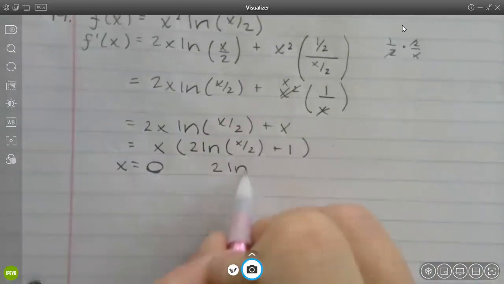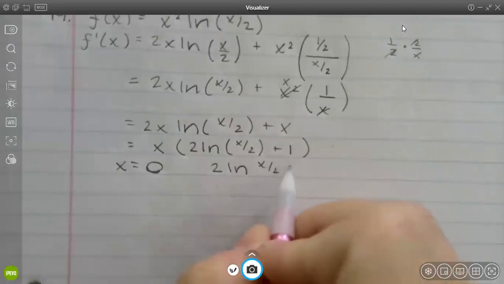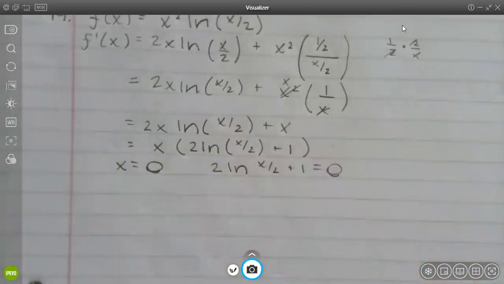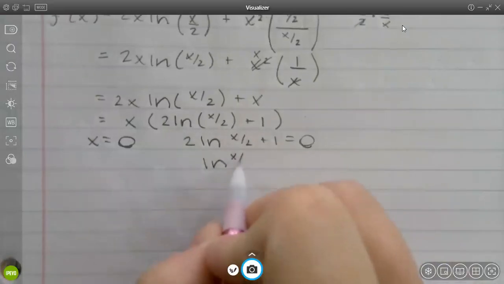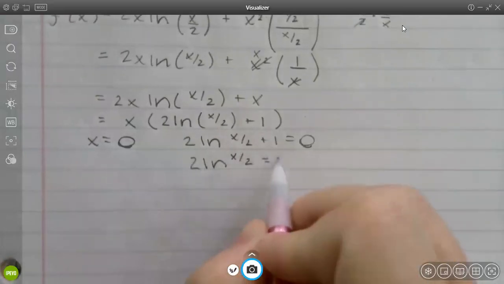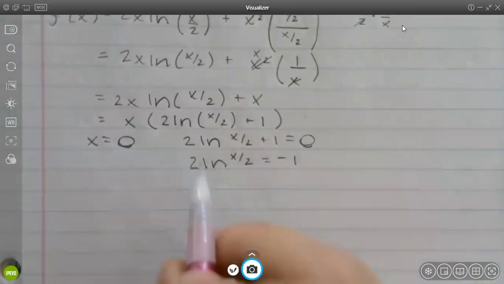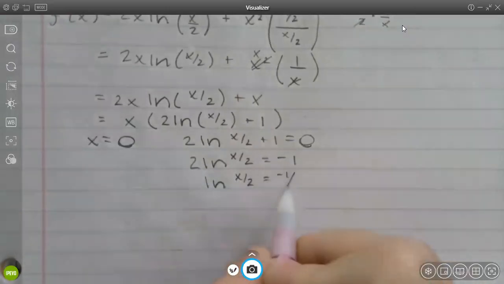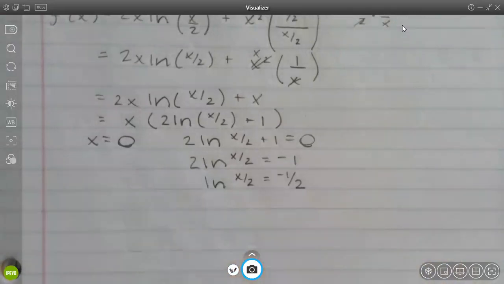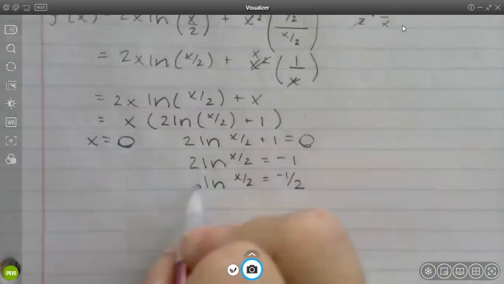I'm going to set 2 ln of x over 2 plus 1 equal to 0. I need to get ln by itself. I'm going to subtract 1, then divide by 2. How do I get rid of ln? I'm going to e both sides.